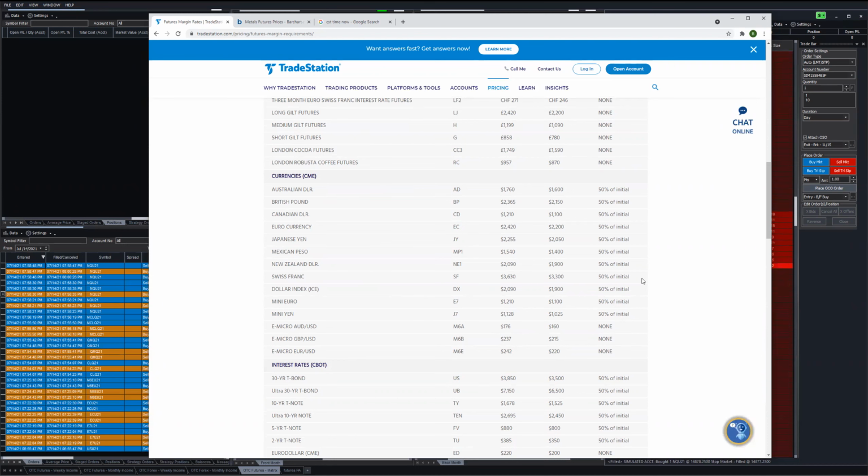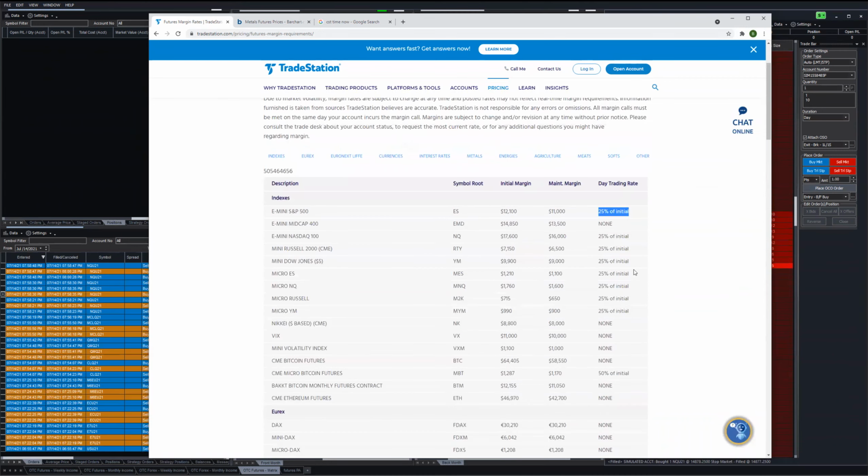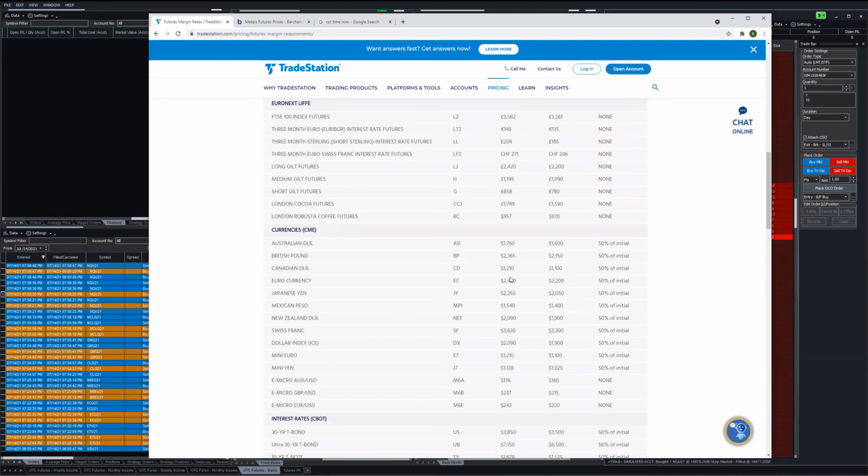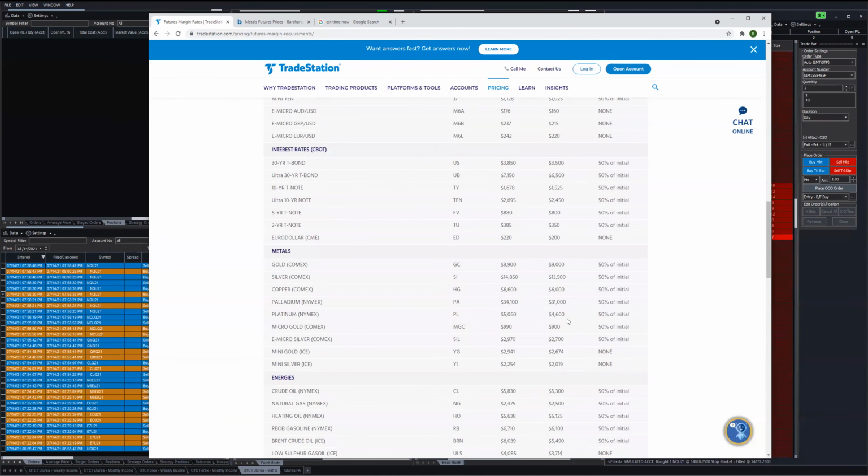But theoretically, if you trade the S&P 500, let's make it simple for my mind as well. For Palladium or for gold, right? If you open that position, you can open that position with $5,000 in your account, because the day trading rate is 50% of the initial.